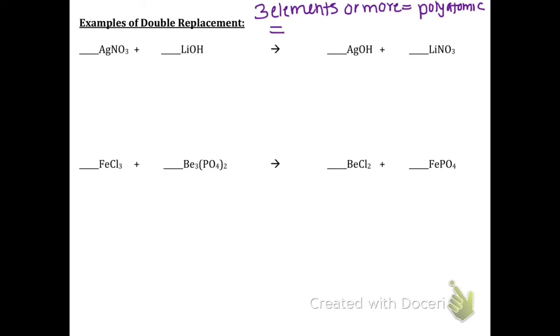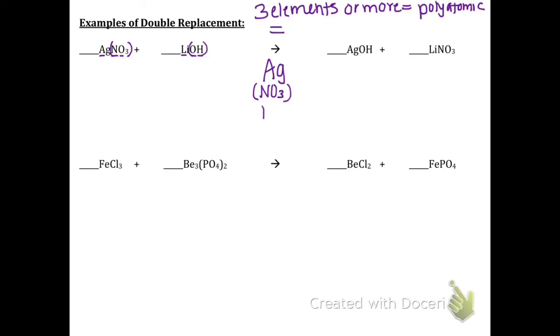So we have a silver, and if you look here, we have 3 elements. So this is actually a polyatomic. So we're going to keep the polyatomic NO3 together. Here we have 3 capital letters, so we have another polyatomic here, like this.